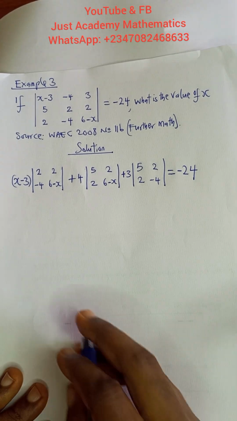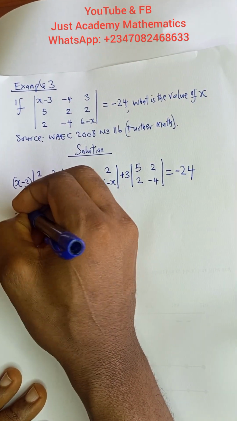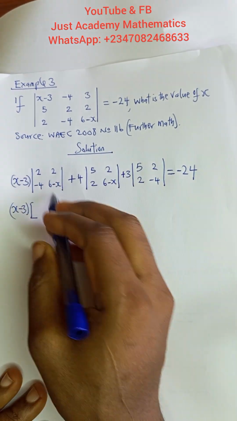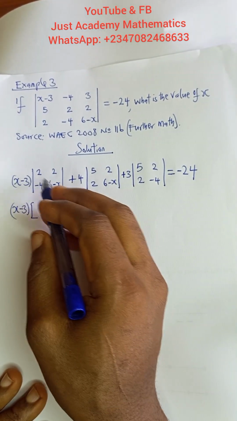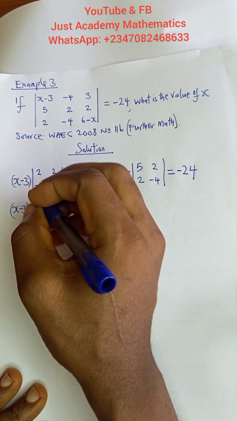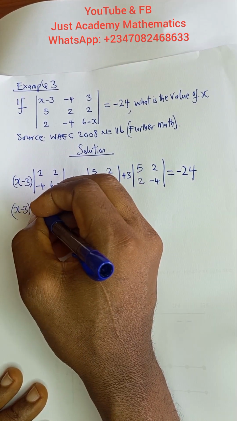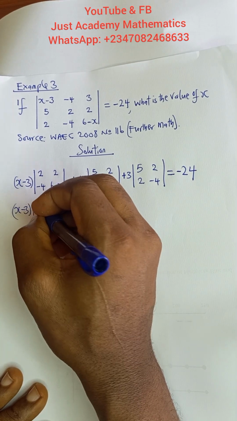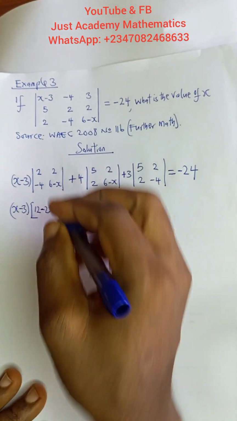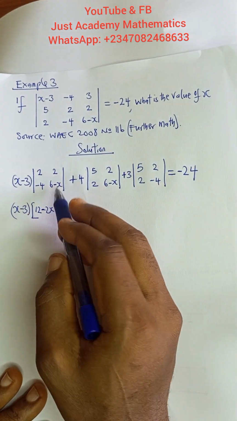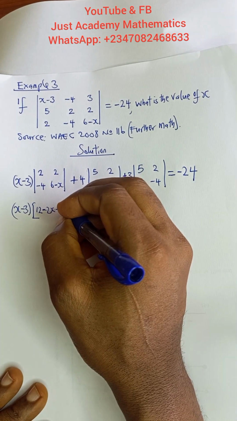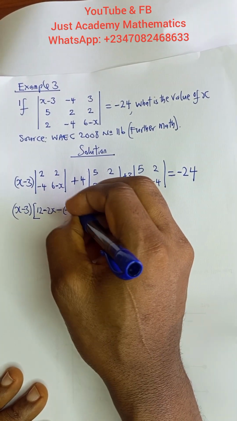Now let's go there. Here we have x minus 3 times, remember, the determinant of a 2 by 2 matrix: this times this minus this times this. So we have 2 times 6, which is 12. 2 times minus x is minus 2x. Minus this times this, 2 times minus 4 is minus 8.